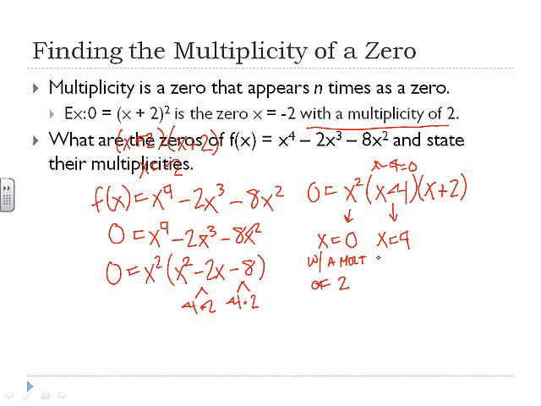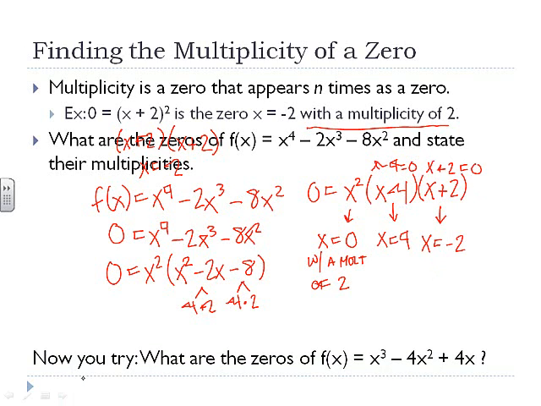Because there's no power, this has no multiplicity. And then the last factor becomes a 0 of x equals negative 2. Same thing, if we took x plus 2, set it equal to 0, and solved. Once again, because there's no power, this one has no multiplicity either.